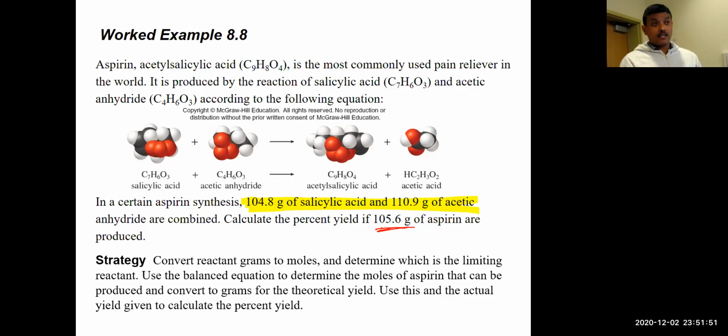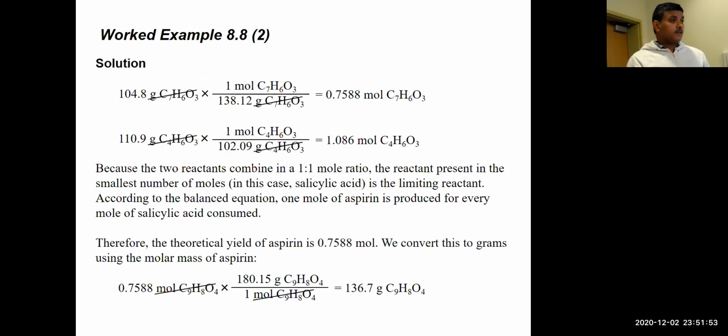So this is what you have to do. From the given mass of salicylic acid, identify how many moles of salicylic acid you have. From the given mass of acetic anhydride, identify how many moles of acetic anhydride are present. Now identify the limiting reactant.